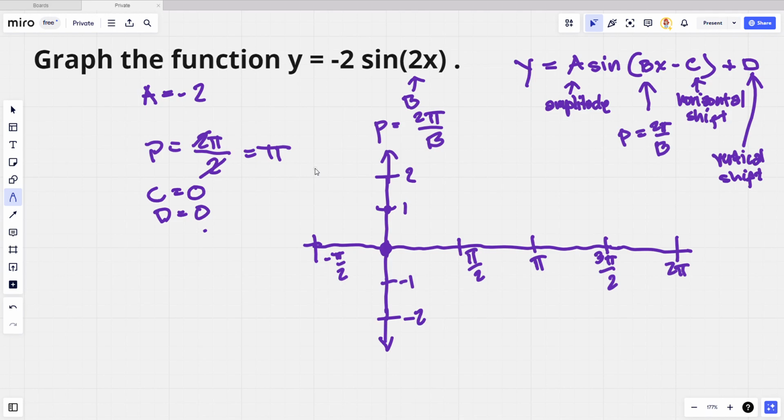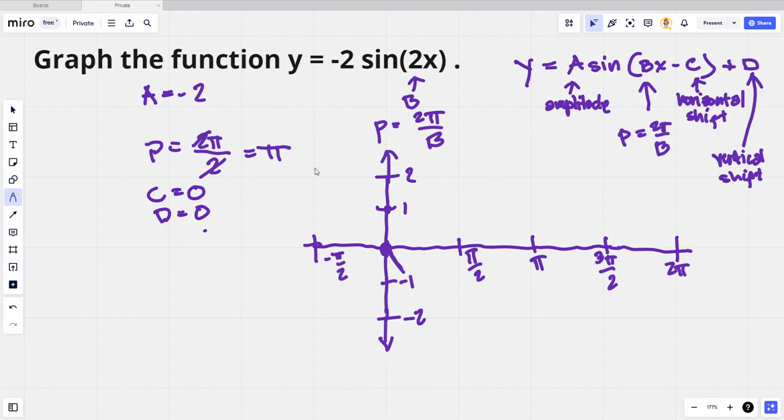So starting here, we know that our sine function either goes up or goes down. That will be indicated by the sign of our amplitude, which in the given is negative. So that means we're going down.